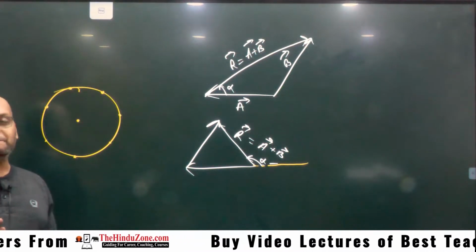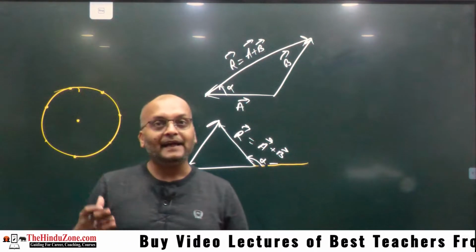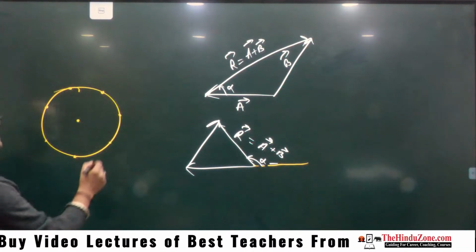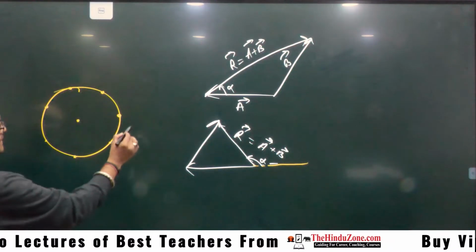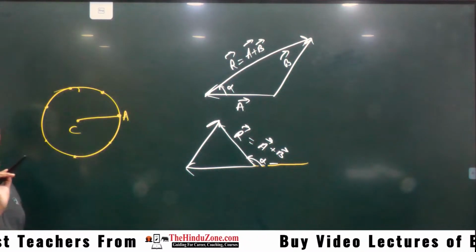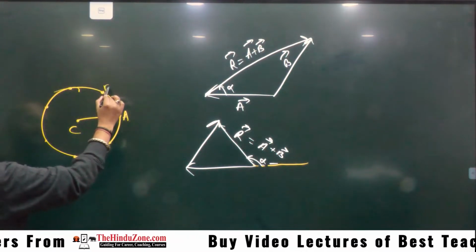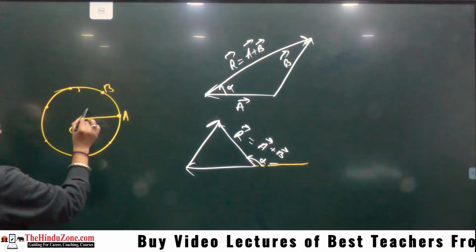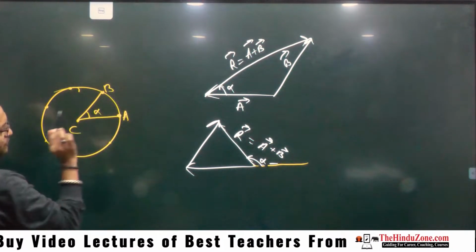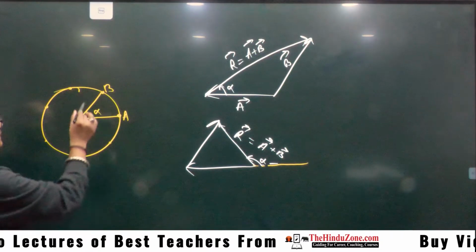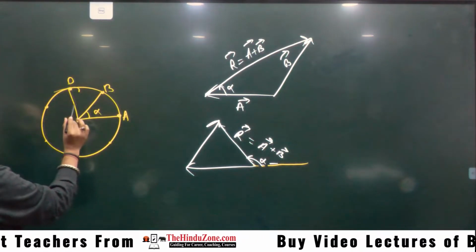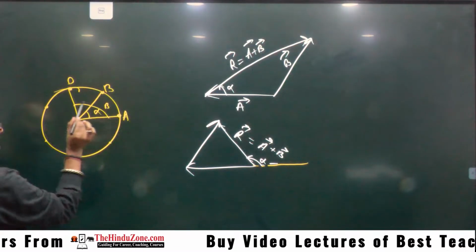So for this purpose, so that Zoya and Nikita can meet, a concept was discovered. What was the concept? Suppose Zoya started running from A. This is the center. Now Zoya reached point B. So from the center, Zoya is making some angle. Let me call it alpha. Zoya reached point D. Again she is making some angle from the center. Let me call it beta.